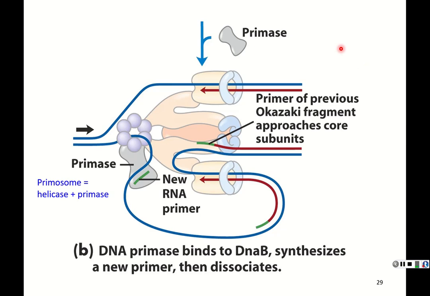And that's where the primase enzyme comes in. Primase binds to the DnaB right here, the helicase. It adds a new RNA primer, and then that can be used for synthesis for the lagging strand.